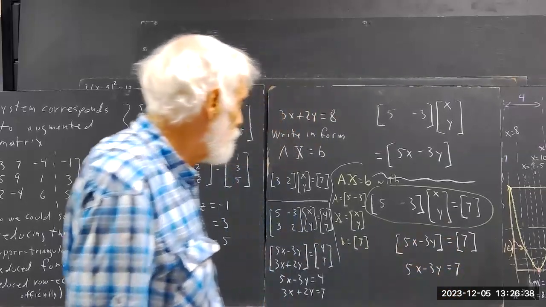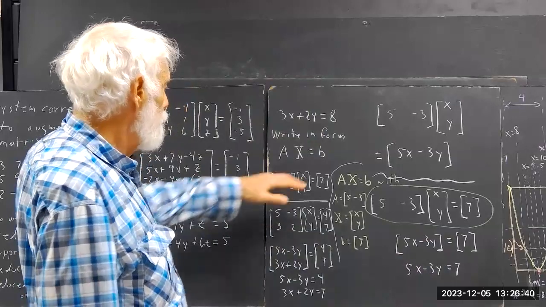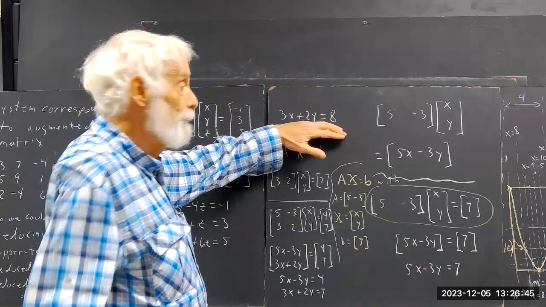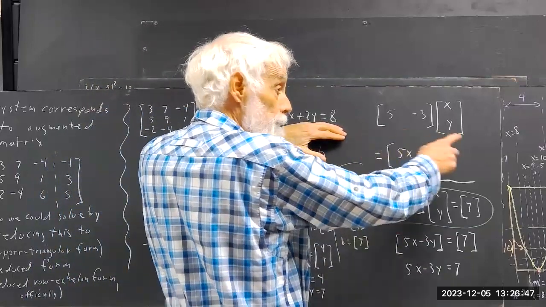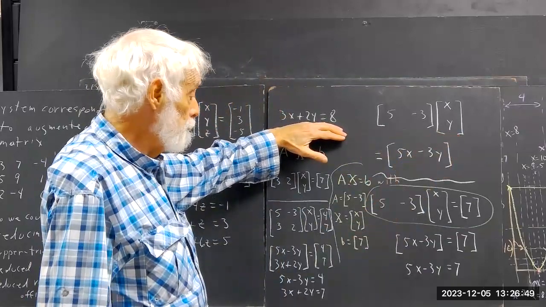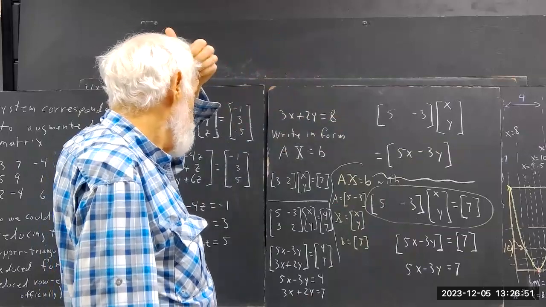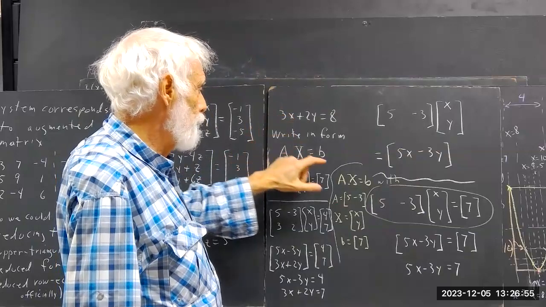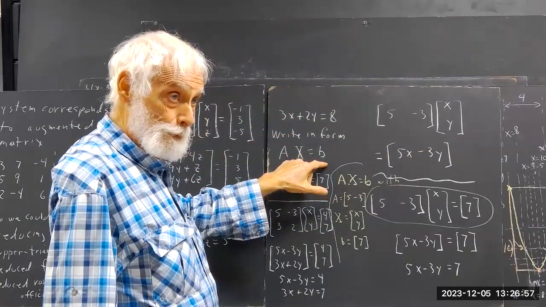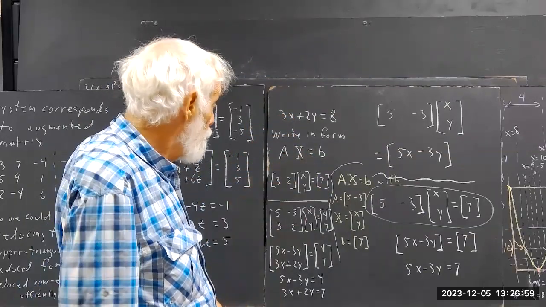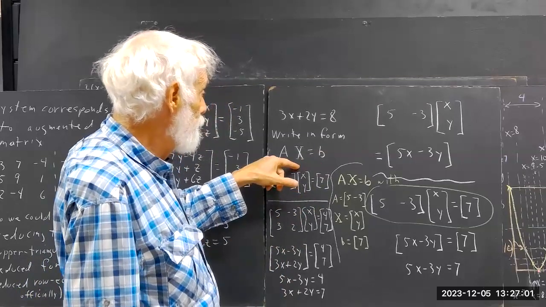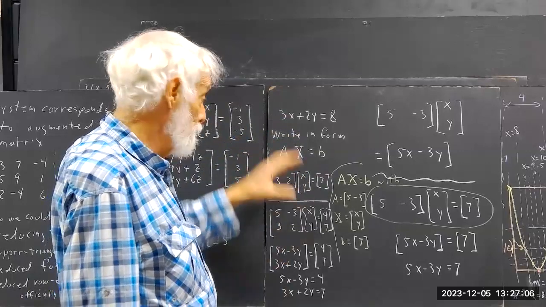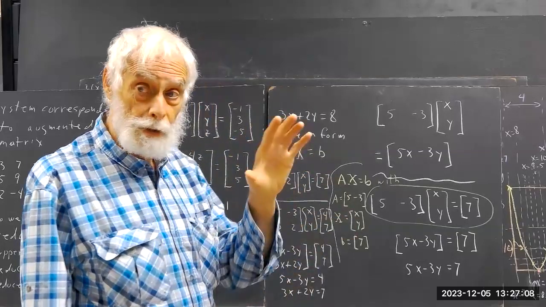Now we ask, okay, take the equation 3x plus 2y equals 8. Can you write it in this form? Well, yeah. I say write it in the form A times big fancy X equals B, where the big fancy X isn't this little x here, it's a different X. It's a standard notation, and you can see it on the exam.